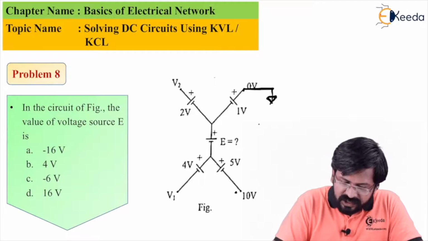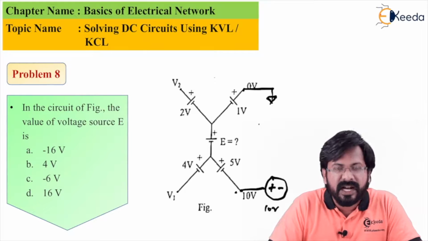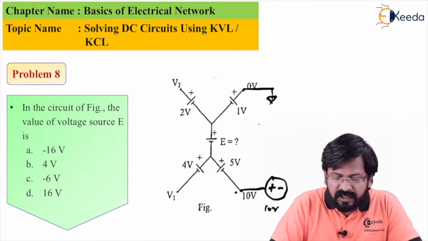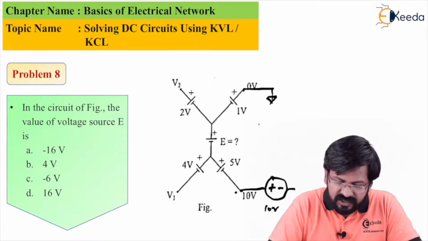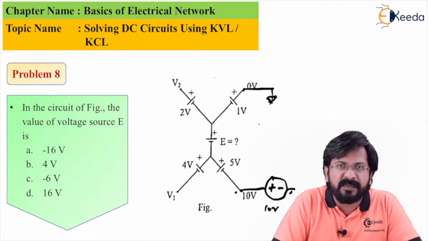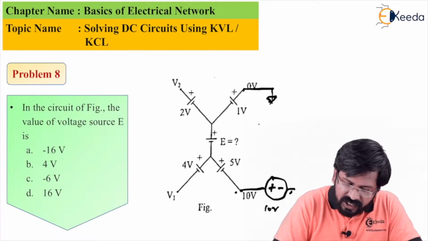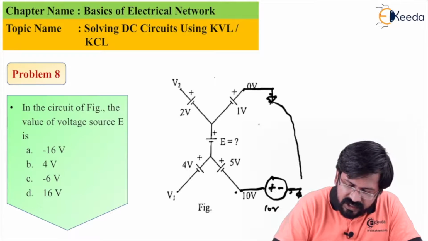So I'll redraw this circuit as this positive, negative 10 volt, and the negative terminal shall be connected to the reference node, which is nothing but ground in this case. As you can see, this ground and this ground cannot be separate for the same circuit. So I can in fact say this is also grounded, this is also grounded, and I can consider this point as the same point.